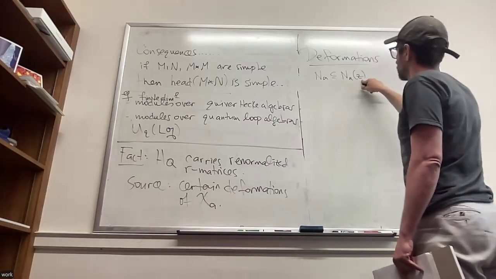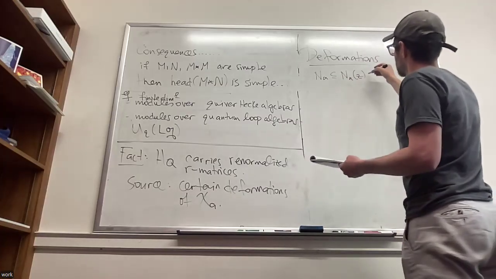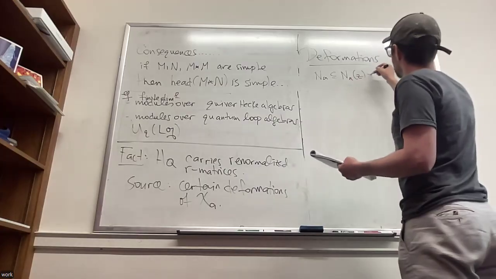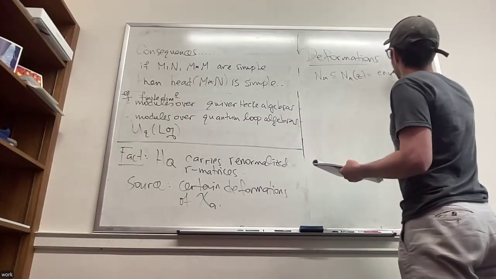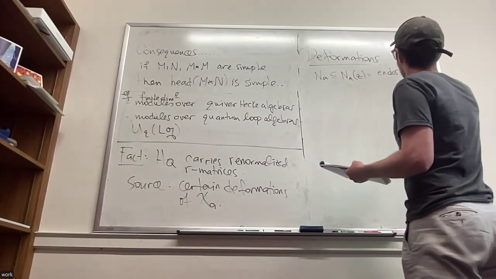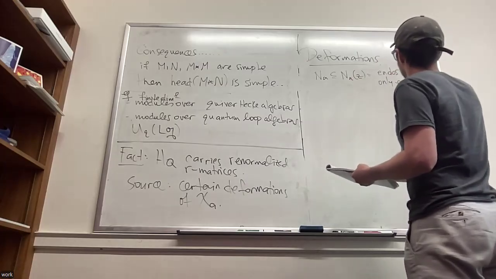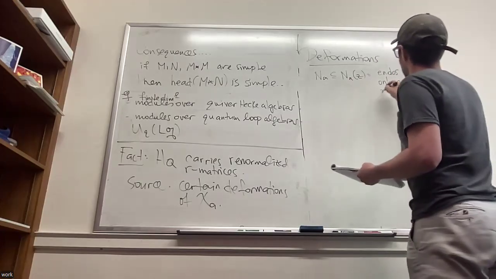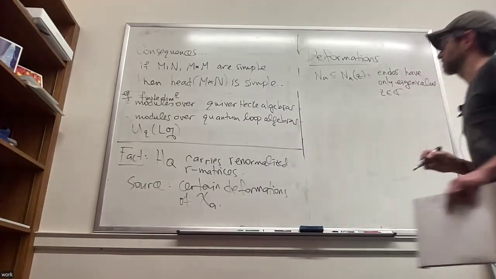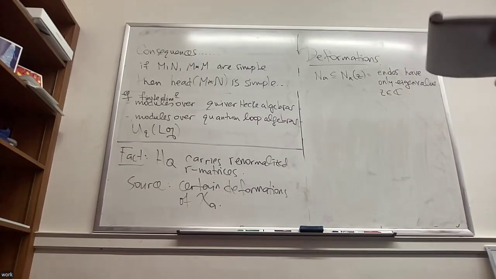This is going to be all endomorphisms with eigenvalue z, and those have only eigenvalue z, which is a complex number.